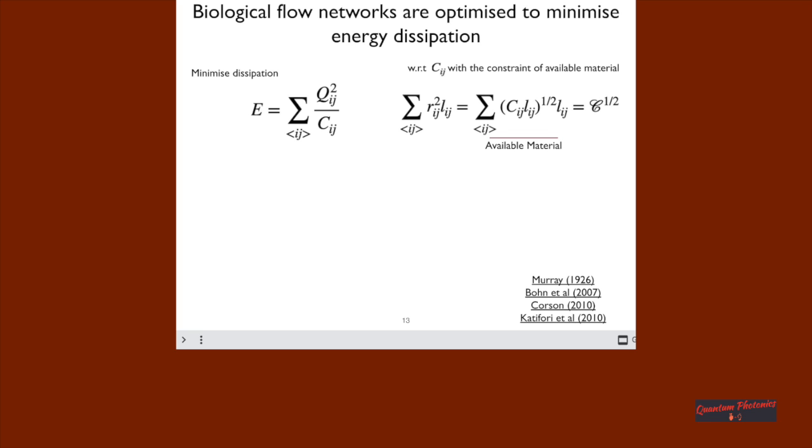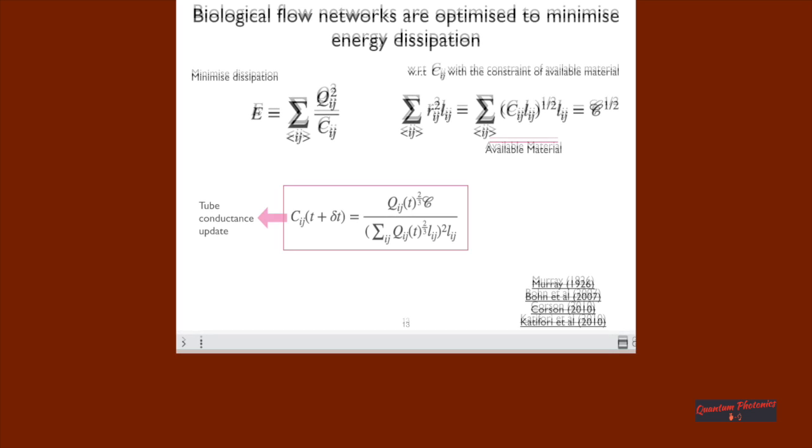Through the fluid, these networks transport all kinds of nutrients, resources and hormones, like in plants and in us, the hormones, nutrients and oxygen throughout our whole body. So the main purpose of these biological flow networks is transport.